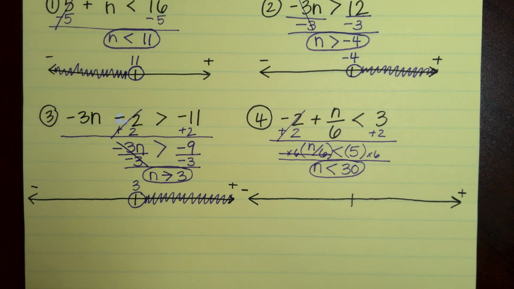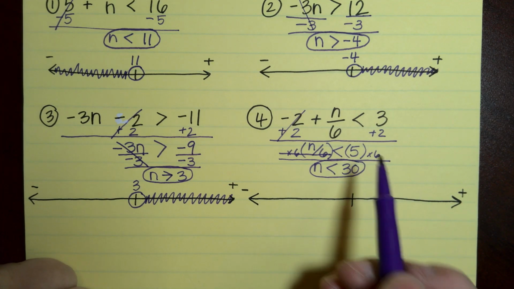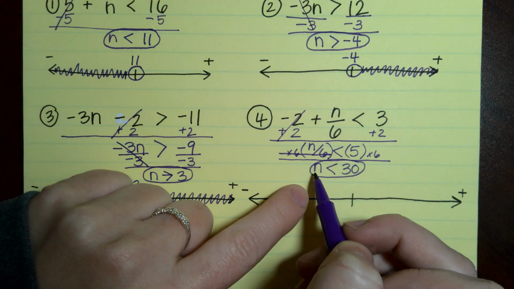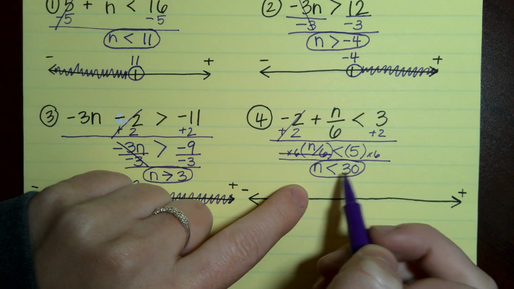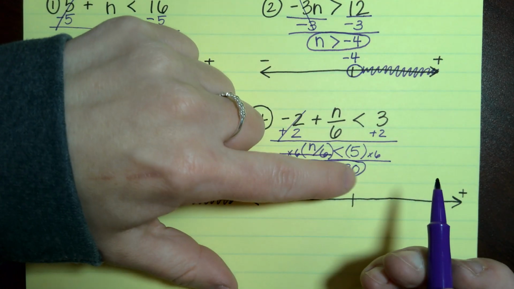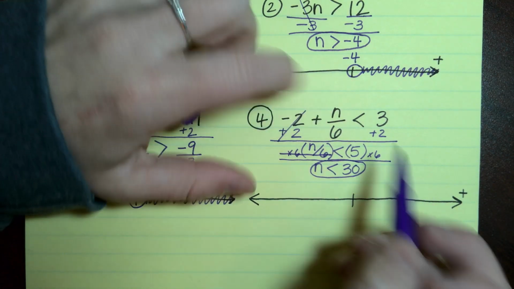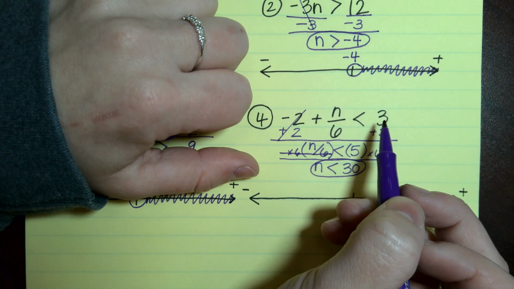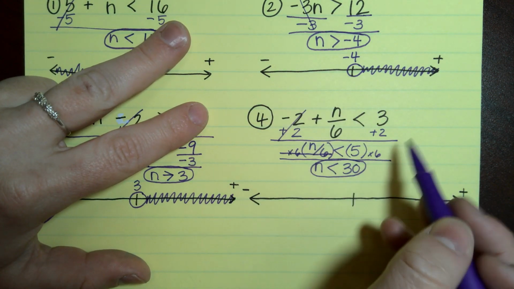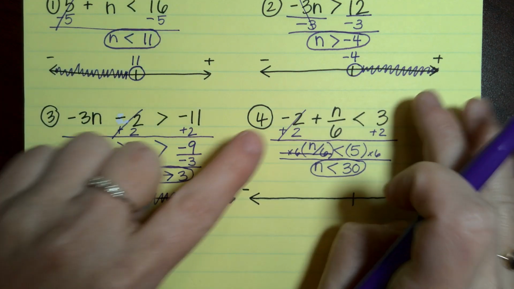So n is going to be less than that. Right, and let me give the explanation to everybody that I gave to you because I'm hoping it will help a little. It sounds like what you were confused about is you were thinking, well, we got n is less than 30, right? And if I'm thinking of 30 being my n over here, 30 isn't less than 3. No, that's what I was thinking. Right, but that's not how we would read this.